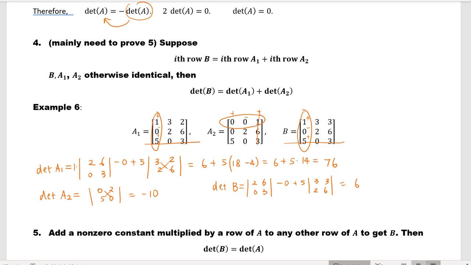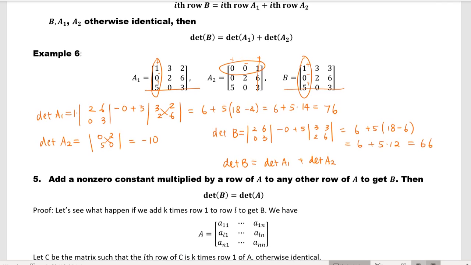So 2 times 3, 6, minus 0, and 5 times 3 times 6, 18, minus 2 times 2, 4, which is 14. So this is 6 plus 5 times 12, which is 66. Okay, so you can see the determinant of B, which is 66, equals the determinant of A1, 76, plus the determinant of A2, negative 10. Okay?